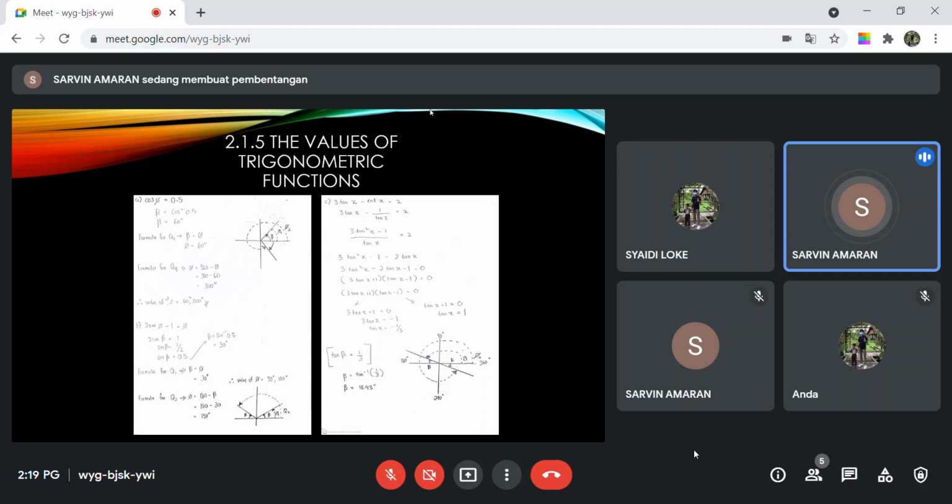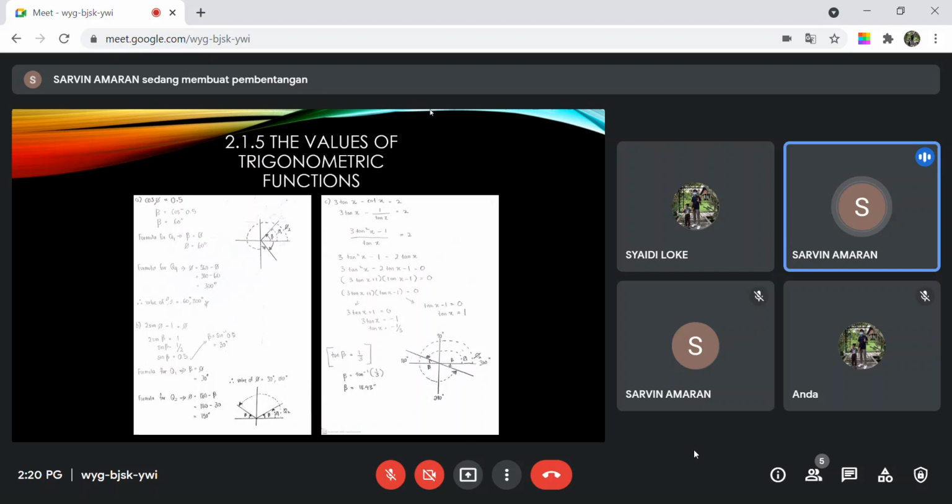Let's jump right in. So the first question is cos theta equals to 0.5. Step 1 is to solve the equation given. And then step 2, reference angle equals to cos -1 of 0.5.